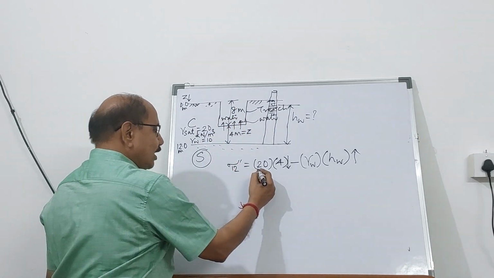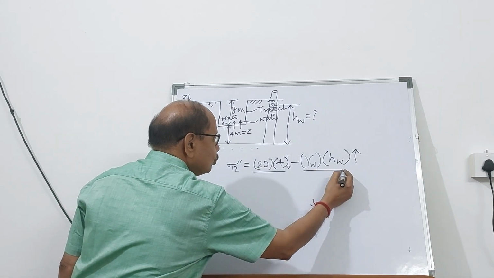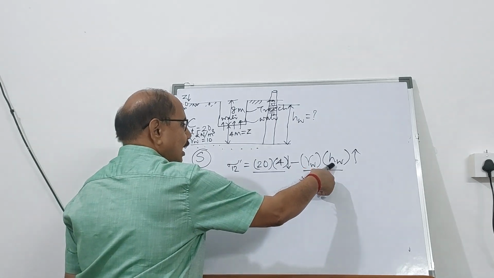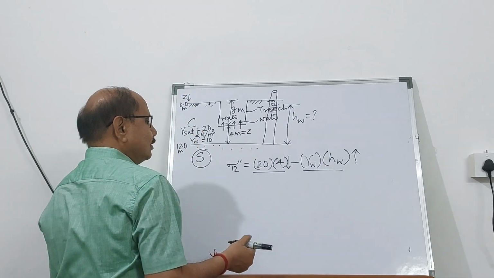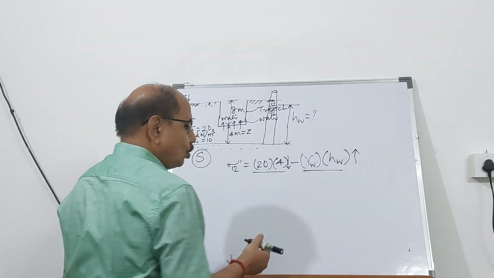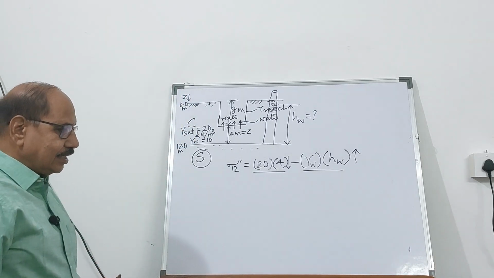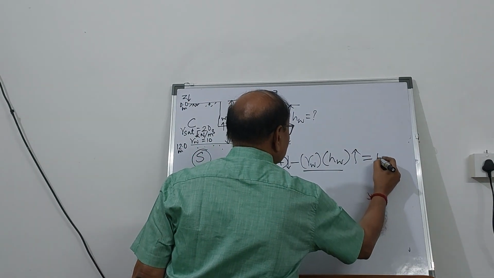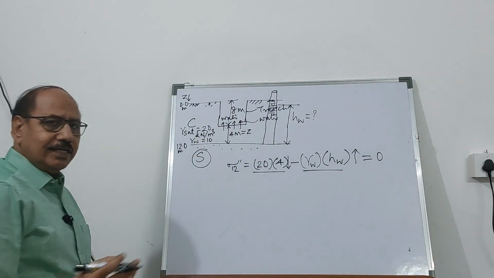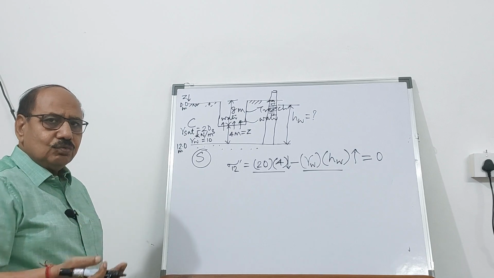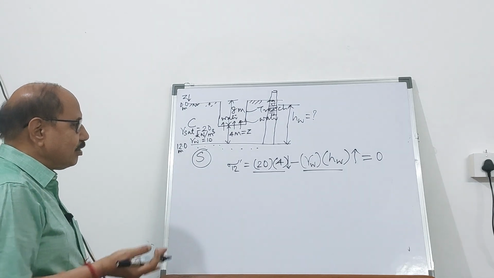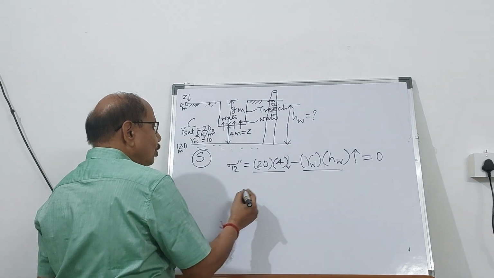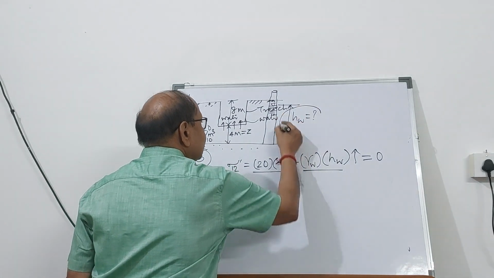So the downward pressure I have calculated, and due to pore water, I have calculated. I do not know what is the head of water that is causing this. So this can be easily found out, because finally the effective pressure is going to be 0. Then only the water will ooze out, it will ingress into the trench. So if it is going to be 0, I want to find out this one.